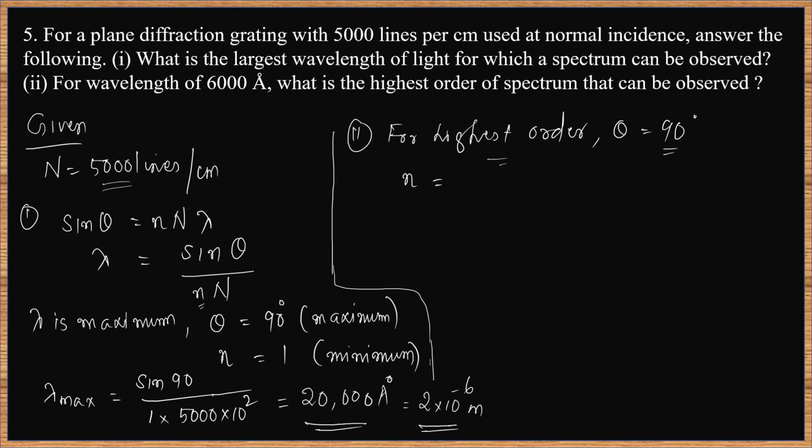We need to find the value of n. n is equal to sin theta by N lambda, that is sin 90 by 5000 lines per centimeter into lambda, which is 6000 into 10 raised to minus 10.